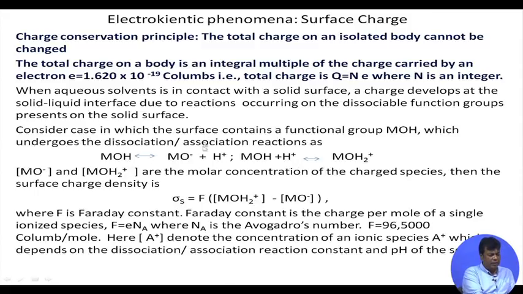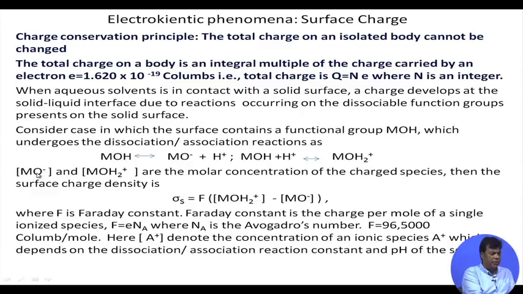What we want to show from here is how this charge is produced at the interface. Through these association-dissociation reactions, we have a generation of negative ions and positive ions.